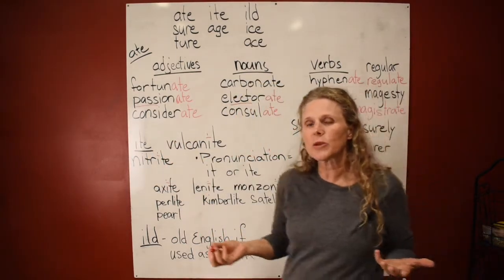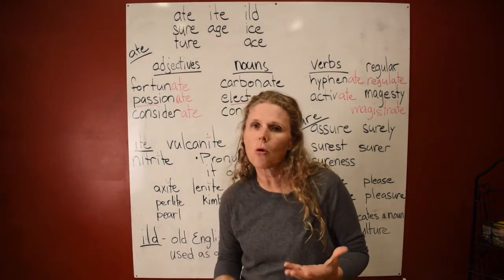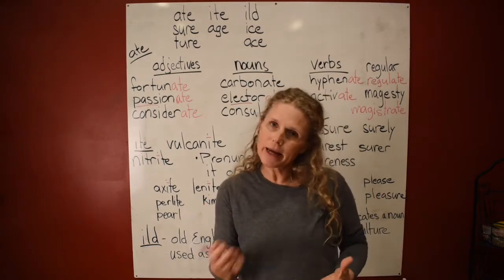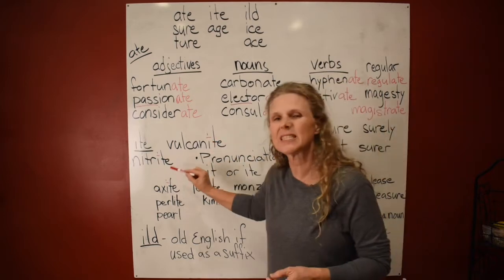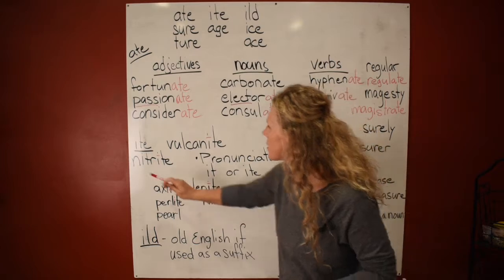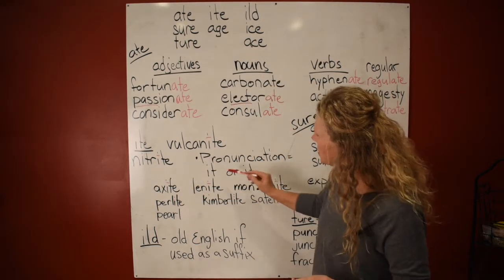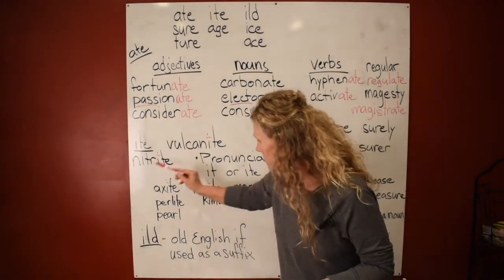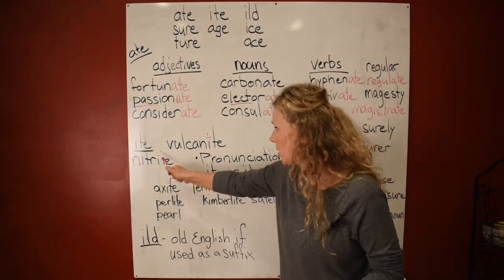And what I found with ITE, when it's in like a mineral or when we have it in a science word or something like that, then I found that it most of the time will stay long. So vulcanite, see how it's saying line, nitrite. The pronunciation can be it or ite, but I found most of the time in the minerals and the science words, it will stay long.